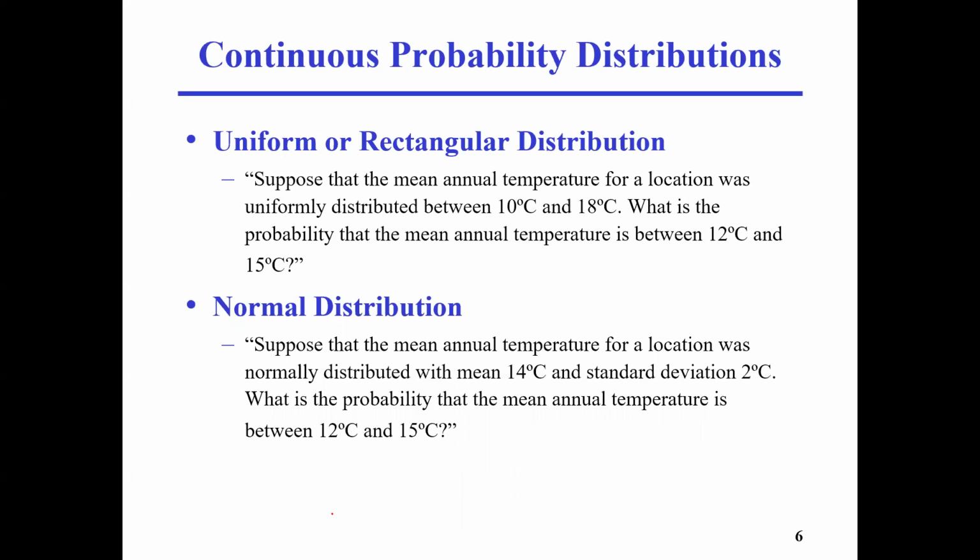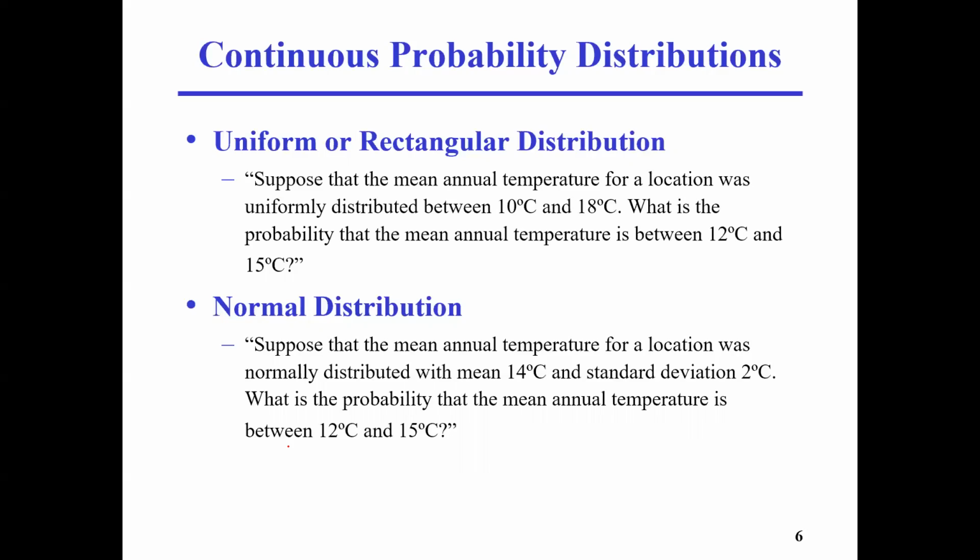Okay, uniformly distributed means that the probability of getting any value for that specific random variable stays the same. That's why it's called uniformly distributed. The probability of getting any value stays the same.